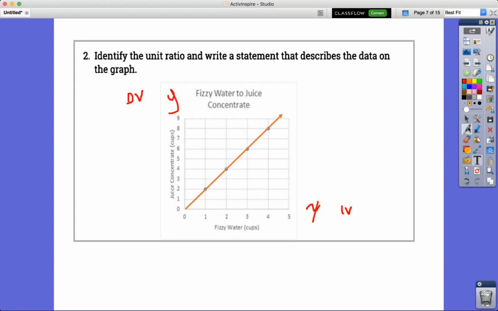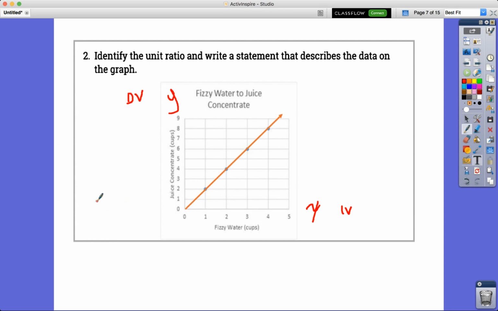Okay, so I'm sure in your discussion, you compared fizzy water to juice concentrate. And when you have 1 cup of fizzy water, you have 2 cups of juice concentrate. When you have 2 cups of fizzy water, you have 4 cups of juice concentrate. When you have 3 cups of fizzy water, you have 6 cups. So your increase is going up by 2.